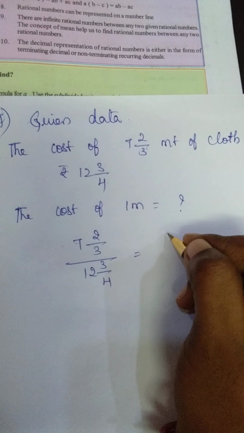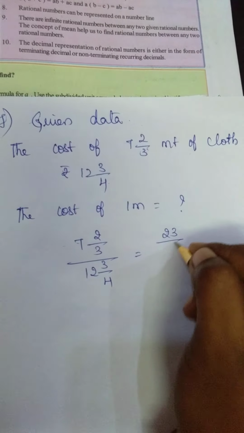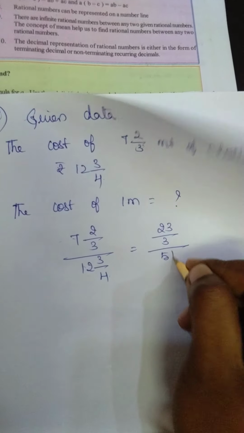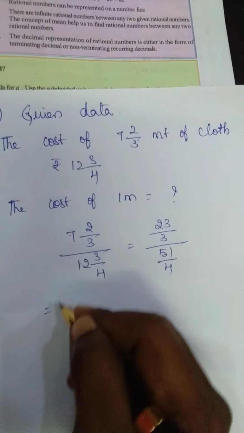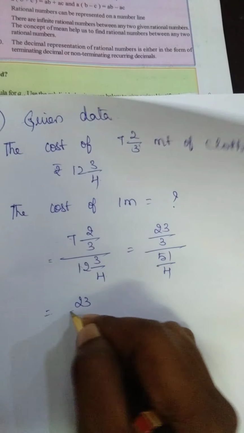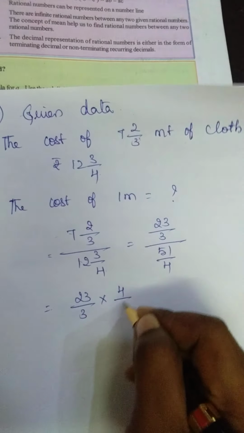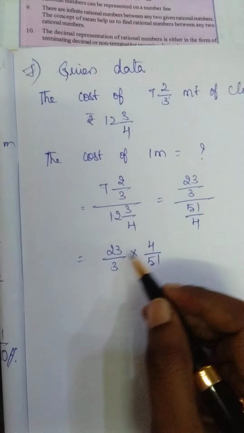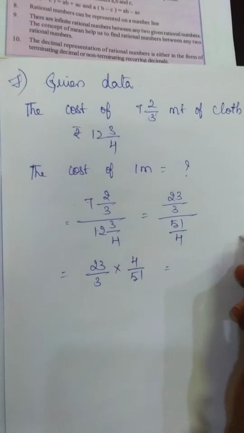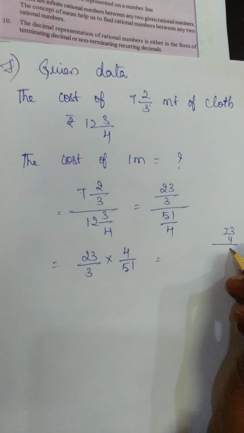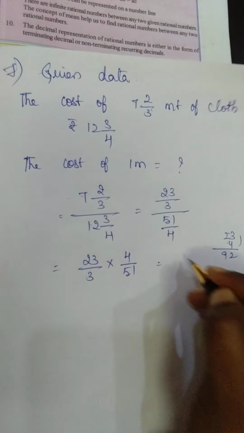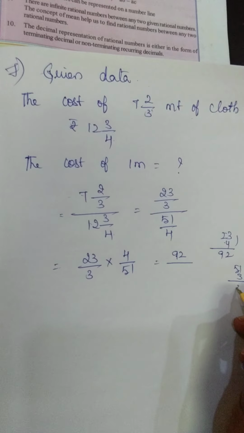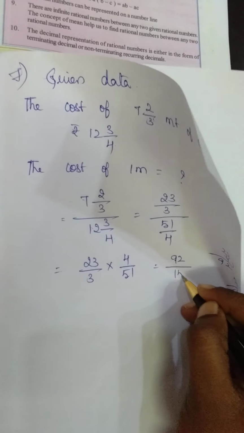7 3s are 21, 21 plus 2 is 23 by 3. 12 4s are 48, 48 plus 3 is 51 by 4. Next, 23 by 3 into 4 by 51. Now do the multiplication. 23 4s are 92, 3 51s are 153.